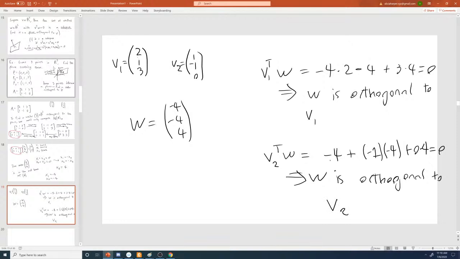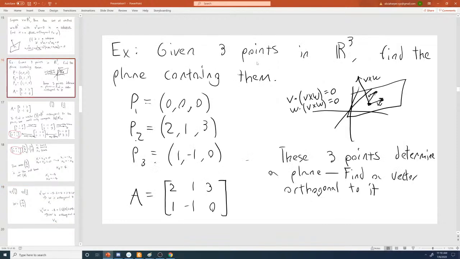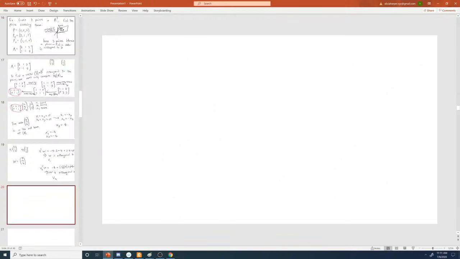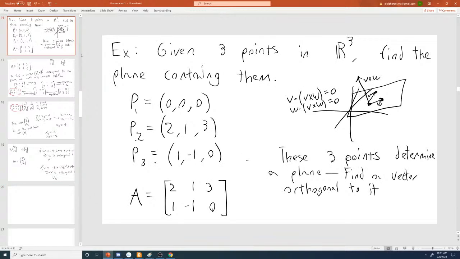So to go over this all again, at some point in your life, you've done problems like this. You've been given 3 points in R3, and you've been asked to find the plane containing them. Usually you do that using the cross product. But now we can reconceptualize it in the framework of linear algebra. In general, we would take P2 and P3 and subtract P1.